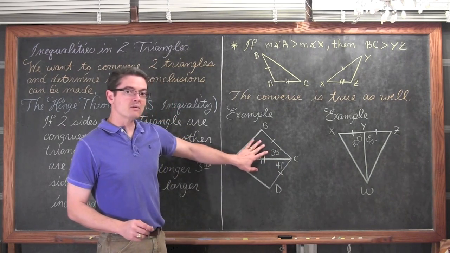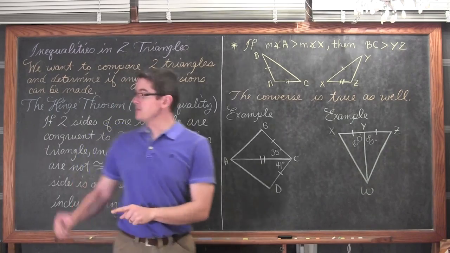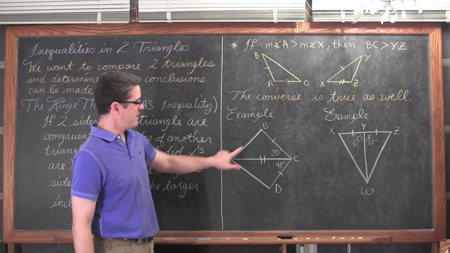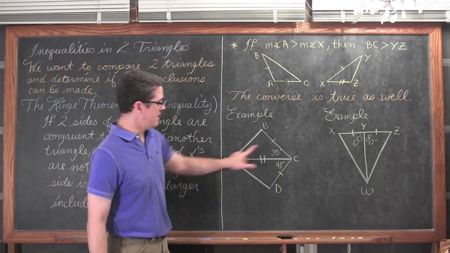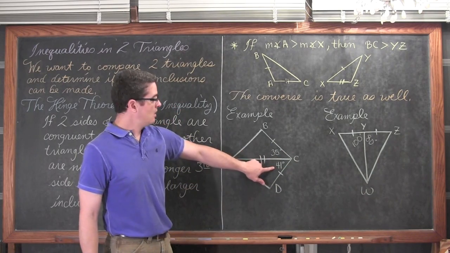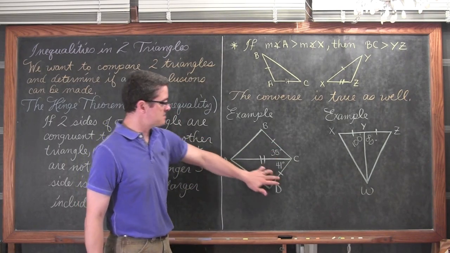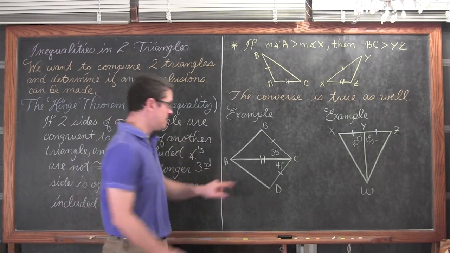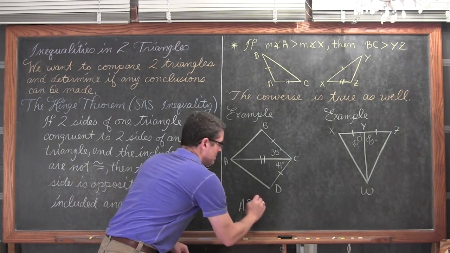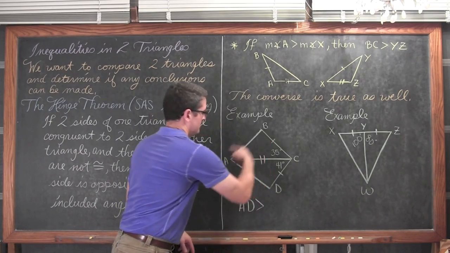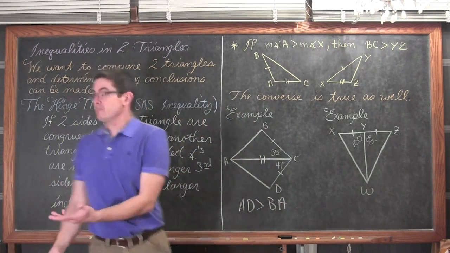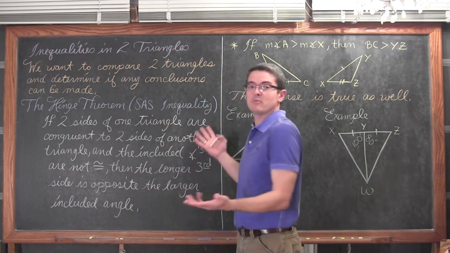So these triangles are not congruent, and what we know with this theorem is that since angle BCA is only 35 degrees and angle ACD is 41, side-angle-side, but 41 is larger, that means AD is going to be greater than BA. Okay, and that's this hinge theorem, if you will, just in practice.